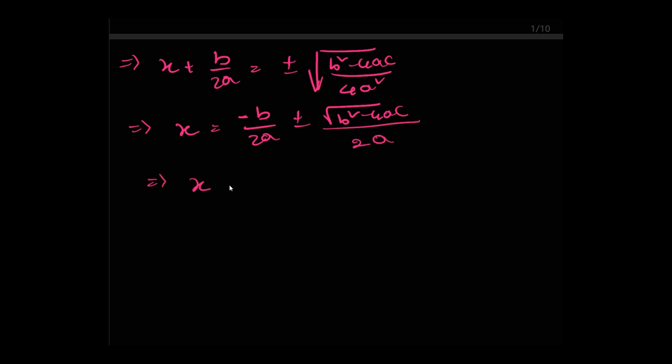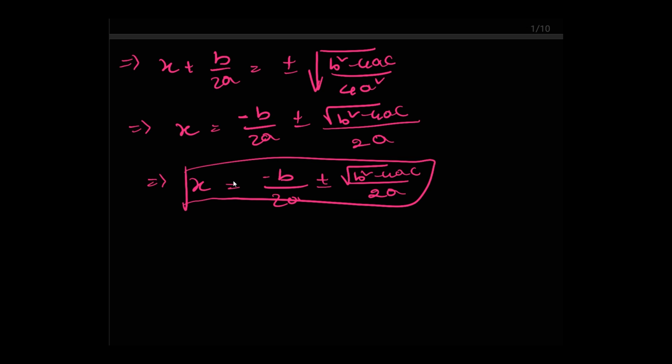That implies x equals to minus b plus or minus root over b square minus 4ac by 2a. Now, since we got the roots, now we can find the properties of the roots.